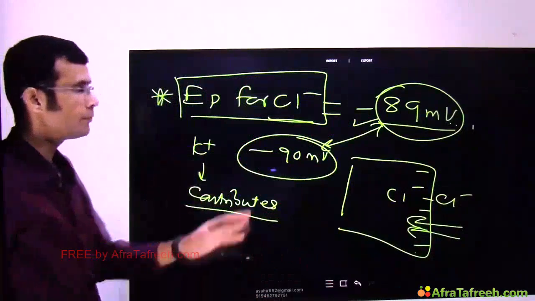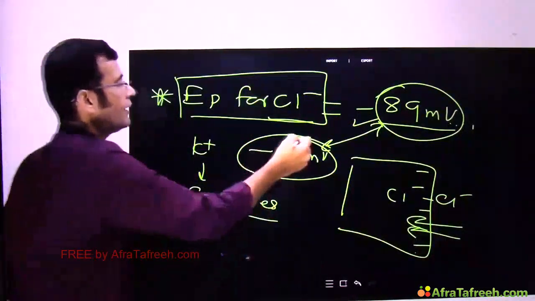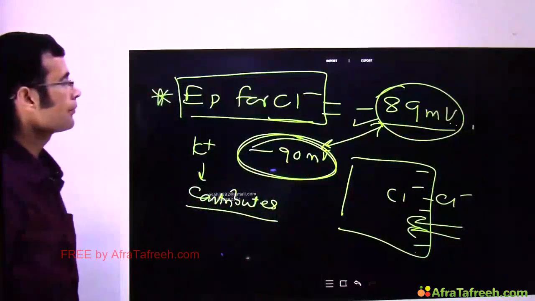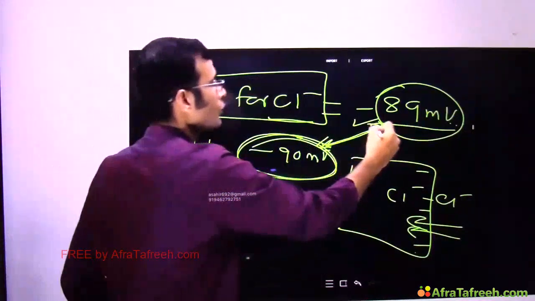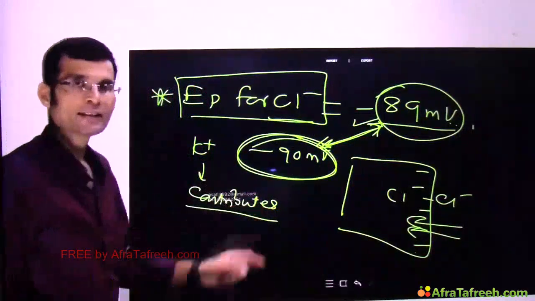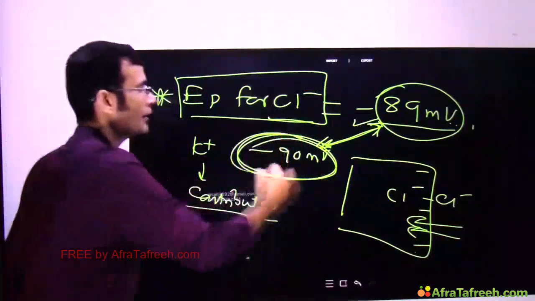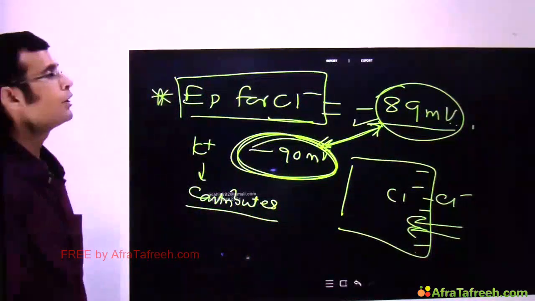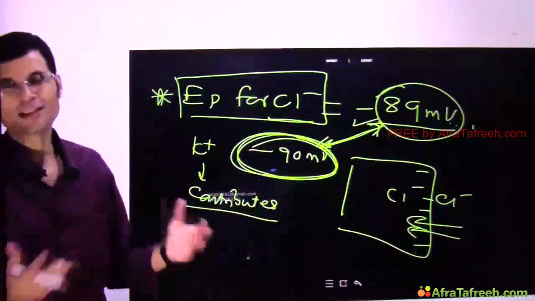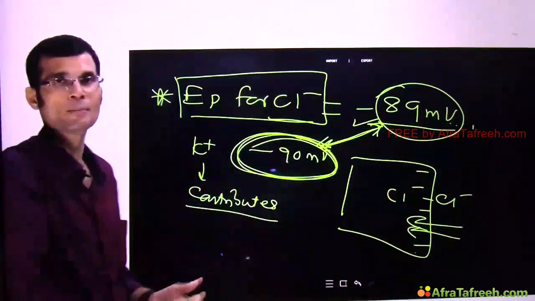It's the potassium which develops the RMP mainly, and since the RMP value is so close to the equilibrium potential for chloride, that means when the muscle is resting and its RMP will be minus 90 millivolts, chloride will also be resting, in a sense that chloride will all be in equilibrium.